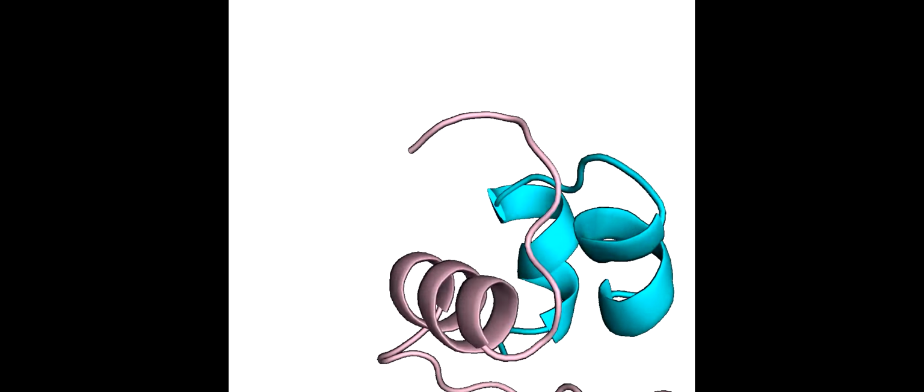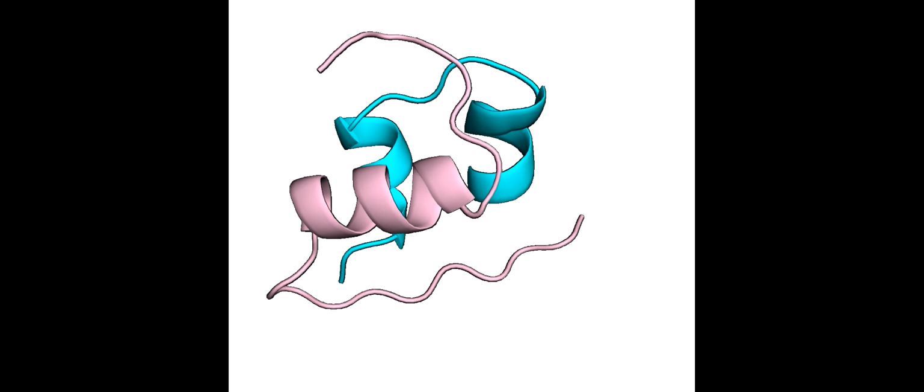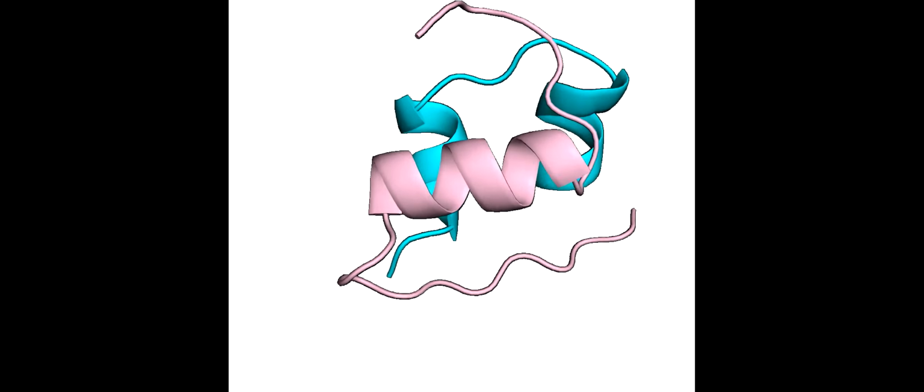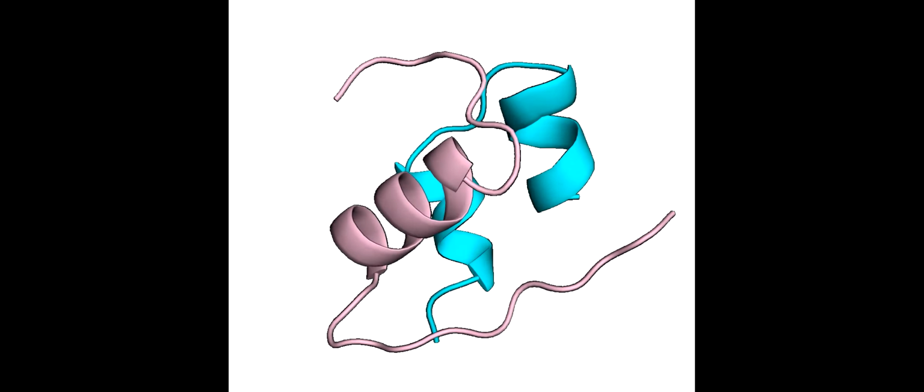So it's a very short peptide. And the other chain has a loop region, which is connected to a medium or small size alpha helix, and then ends in this extended loop region at the C terminus of that peptide.